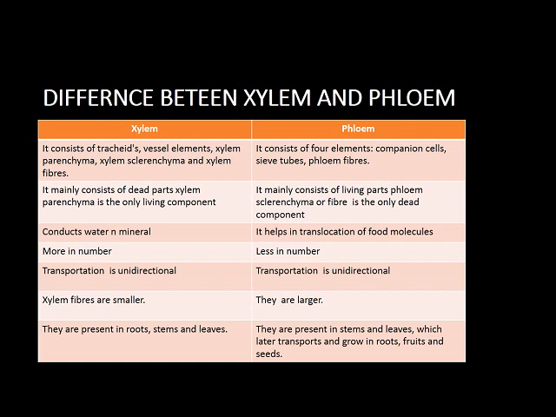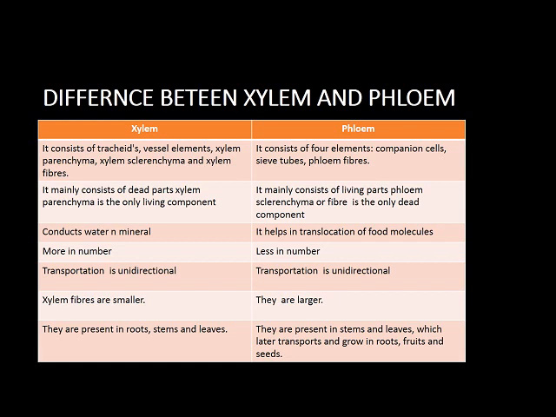Sorry, I have missed W in the spelling of between. Do that correction. Xylem consists of tracheids, vessels, xylem parenchyma and xylem sclerenchyma, which are also known as xylem fibers. Okay, phloem consists of companion cell, sieve tube, phloem fiber, and in few plants, children, phloem parenchyma is also present.